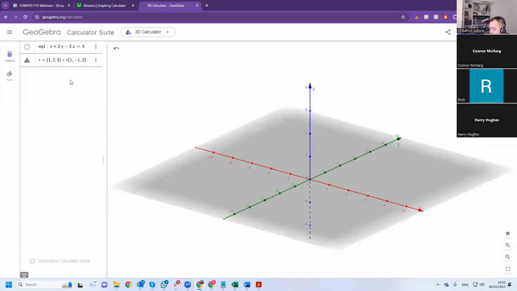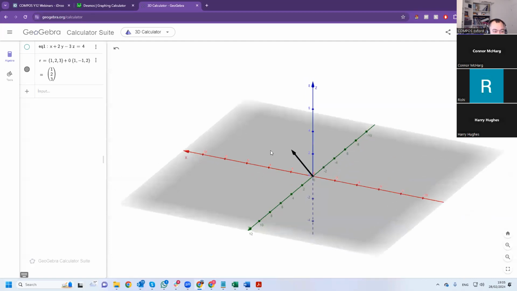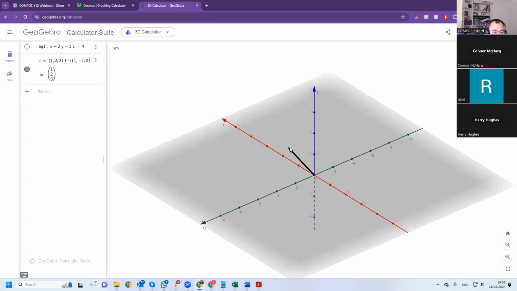If I make t 0, you can see this is the initial point. This is the position vector of the point, so it's here. If I change this to 1, why is it not changing?